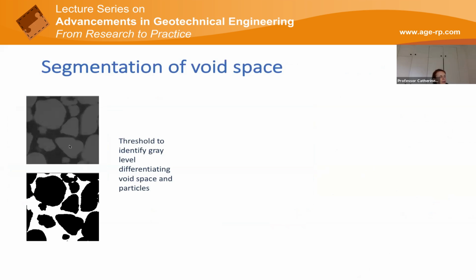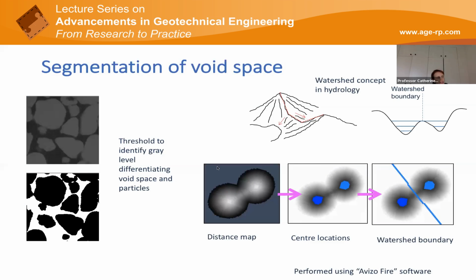So we then need to make the step of automating that so we can do some analysis. So if this is our slice through our microCT image, which is on a grayscale, we need to decide what gray color is associated with particles and what gray level is associated with voids. So we threshold the image, and we have different algorithms for doing that.